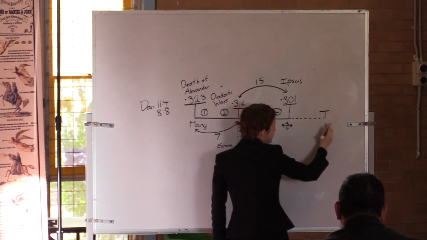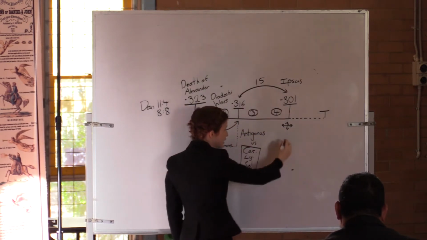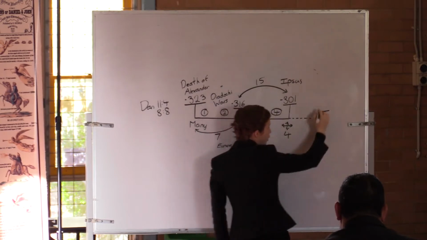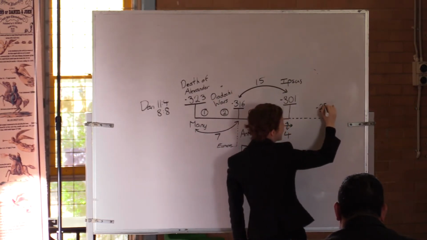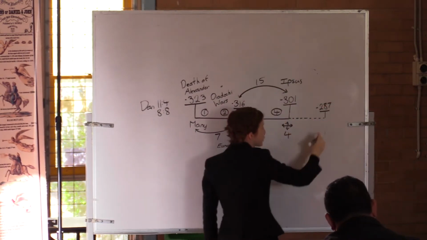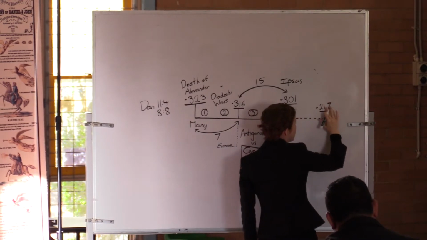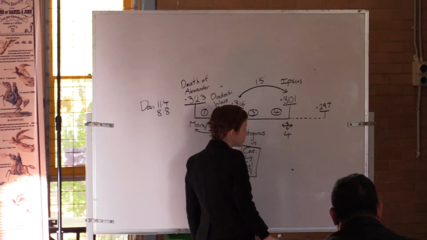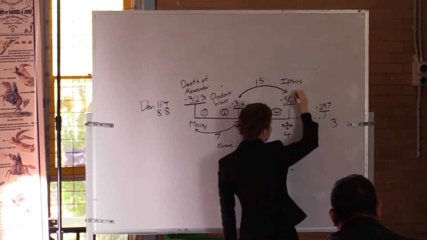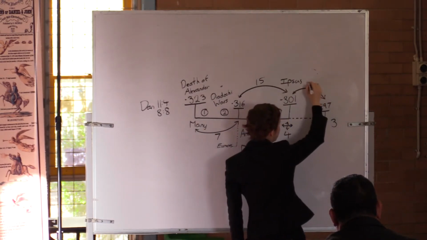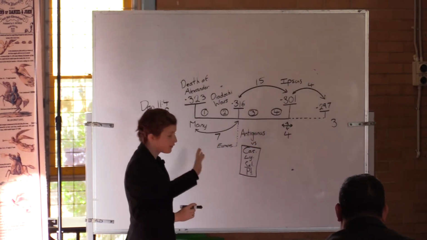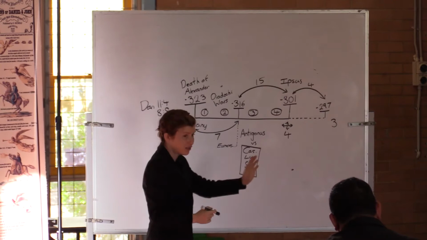For how many years was it divided into 4? Around 297, Cassander dies. How many generals do you have now? 3. How many years is that? 4 years. And then after that, for a long time, there's 3 generals.